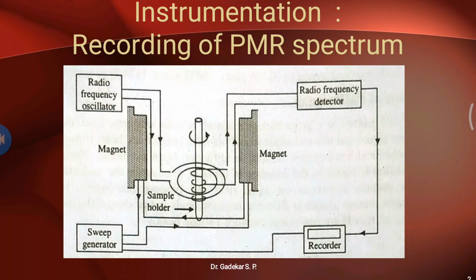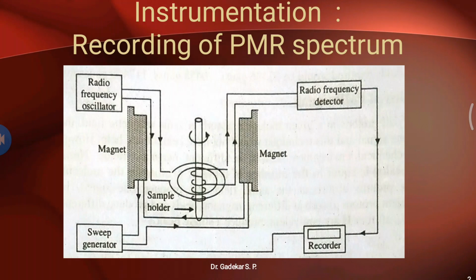First, the magnetic field is kept constant and the radio frequency is changed from a lower to a higher value, and different protons in the molecule absorb at different frequencies. Another way: the radio frequency is kept constant and the strength of the applied magnetic field is changed, and different protons in the molecule absorb at different magnetic fields. So these two methods are most important.